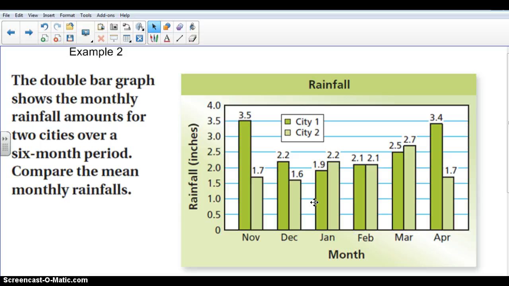In city 2, the mean is 2 inches. And if the question is which one has the most rainfall, 2.6 in city 1 averages more rainfall than city 2. Averages. Keep that in mind. That's what you're working with, is averages.